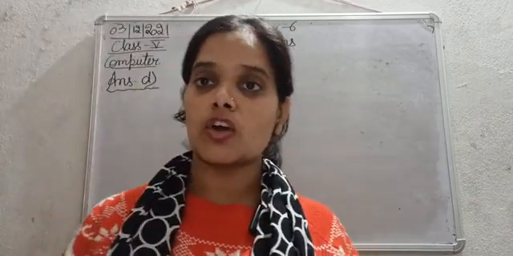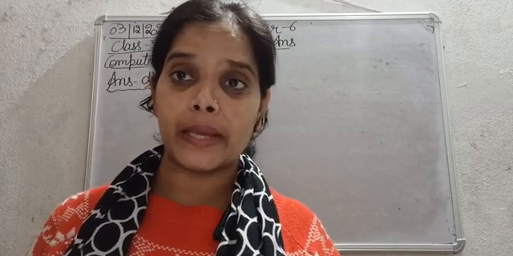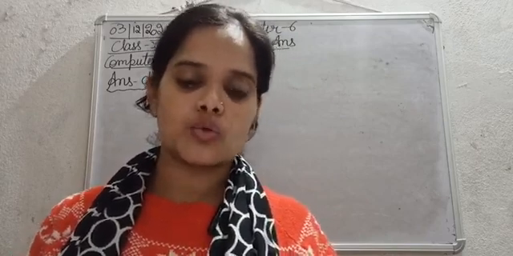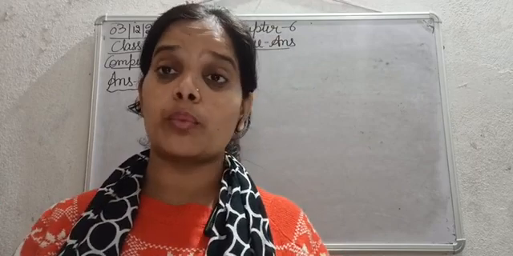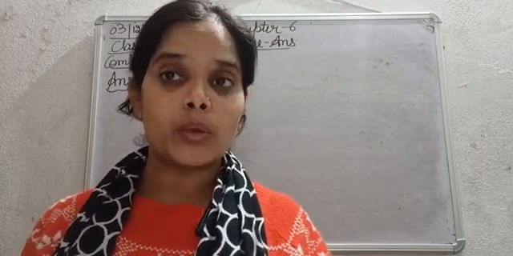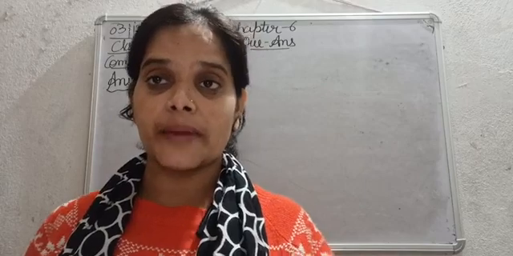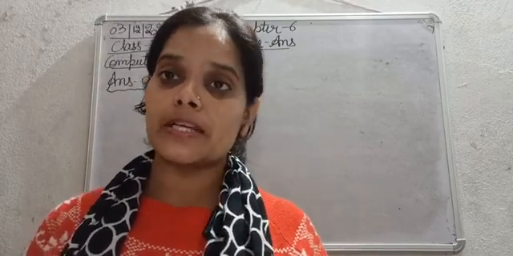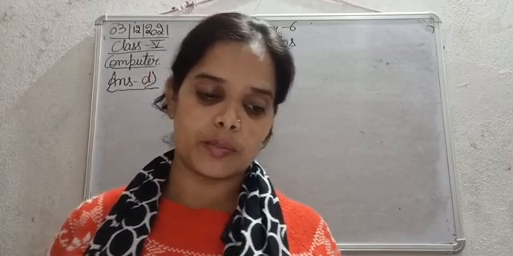Whenever there is a document, why do we require a table? We make a table so that we can arrange our data in proper rows and columns. That's why the table is required in a Word document.